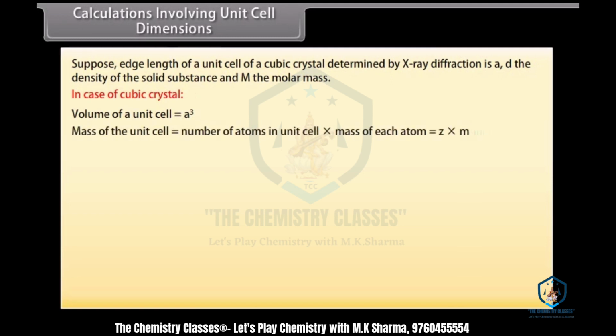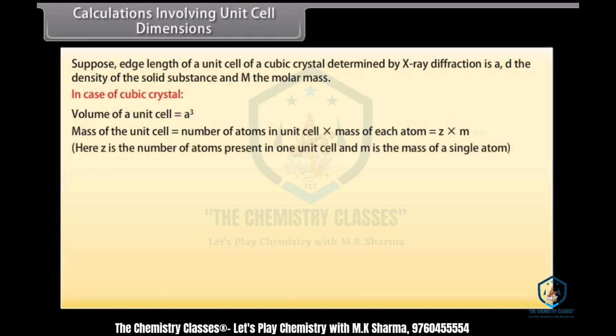Mass of the unit cell is equal to the number of atoms in the unit cell times the mass of each atom, which is equal to Z times m. Here, Z is the number of atoms present in one unit cell and m is the mass of a single atom. Mass of an atom present in the unit cell, m, is equal to M upon Na.